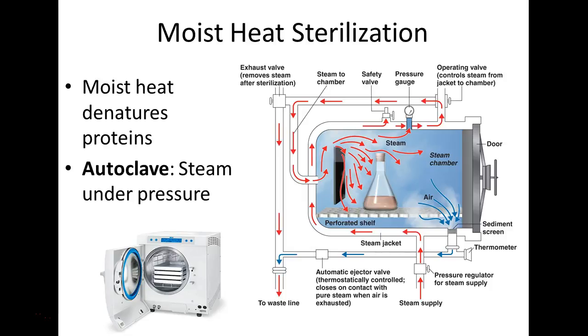So, that reminds us of an important concept, which is that many treatments that obtain sterility ruin the things that we're trying to sterilize. We can't put eggs into an autoclave to sterilize them because that ruins the egg.